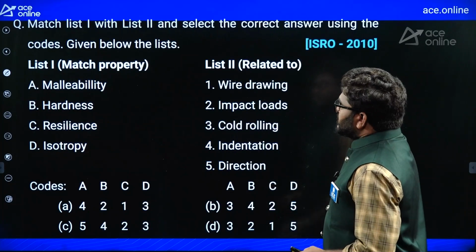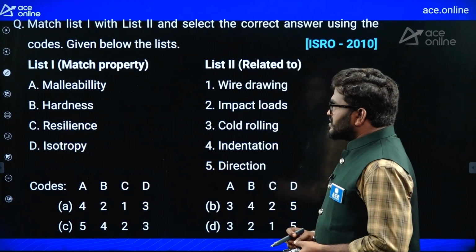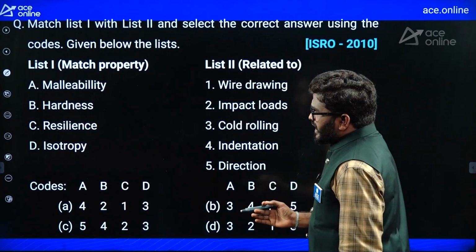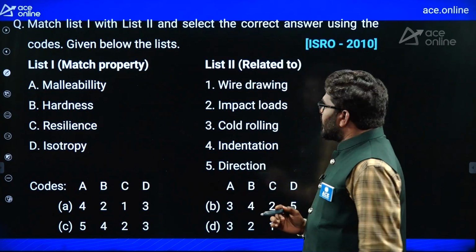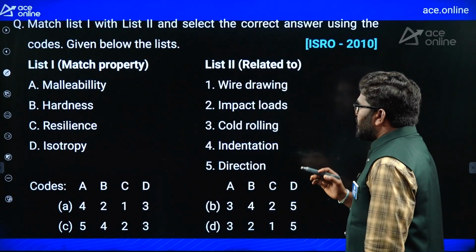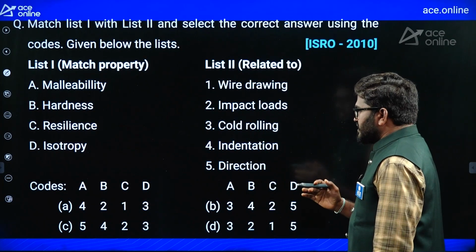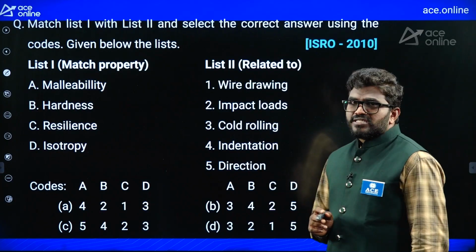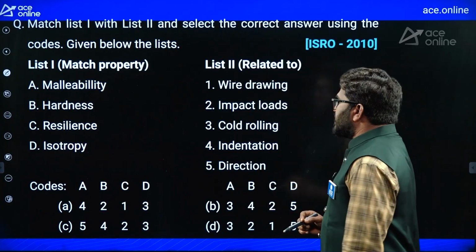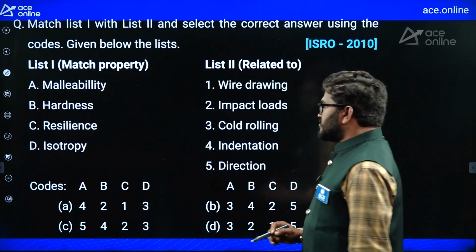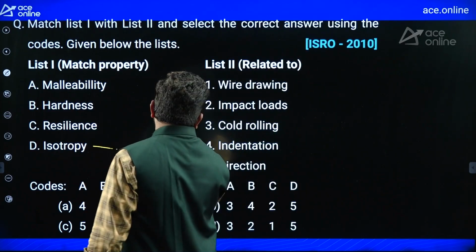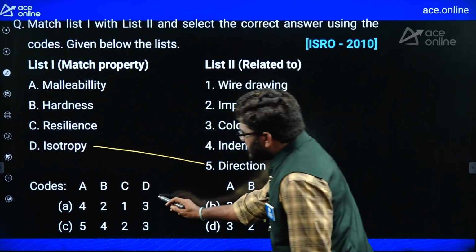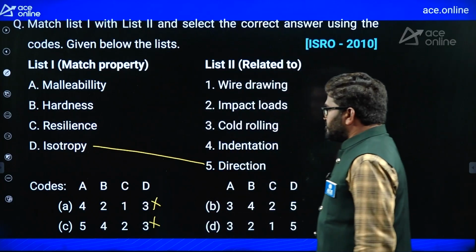Next question, it's a match the following question. See, remember, match the following: malleability, hardness, resilience, isotropy. Here: wire drawing, impact loads, cold rolling, indentation and direction. See, isotropy means the material properties are the same in all directions. So, D is 5. So, out of this, A is eliminated, B is eliminated.